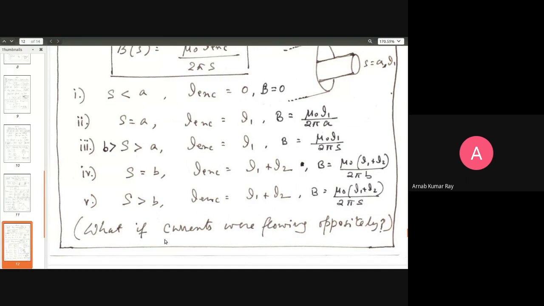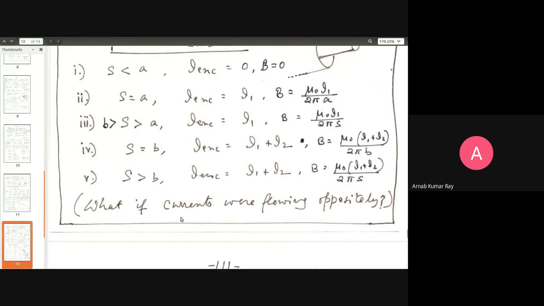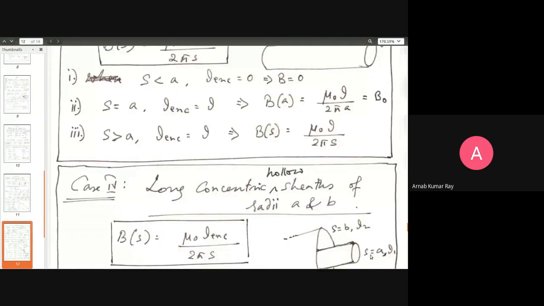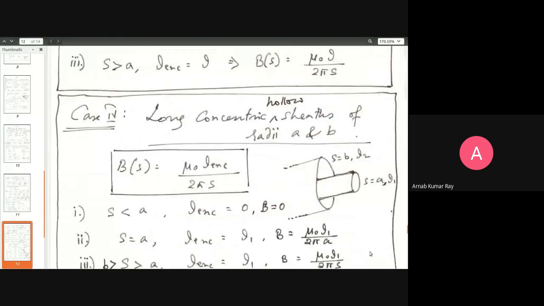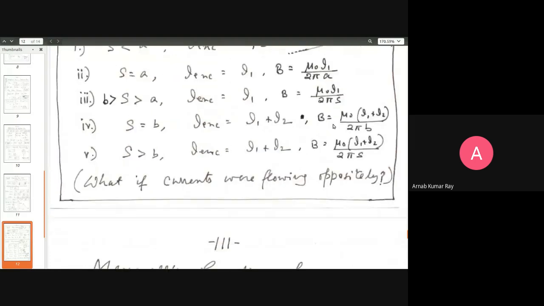I've just written a question over here. I think you should be able to give its answer. What if currents were flowing oppositely? Let us see. Suppose a current I is going this way and another current I1 is going this way and another current I2 is going this way. So immediately you can see I1 and I2 will tend to cancel each other. And if I1 and I2, oppositely flowing currents, have the same value, but of course flowing in opposite directions, they will cancel each other.